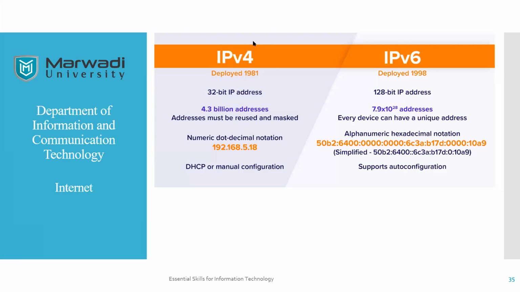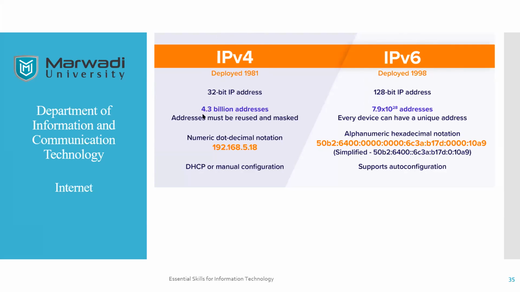As I said, IPv4 is the oldest version of Internet Protocol, which was deployed in 1981, and IPv6 is the latest version, deployed in 1998. IPv4 contains 32-bit IP addresses and IPv6 contains 128-bit IP addresses.